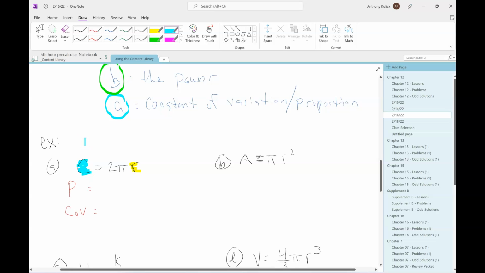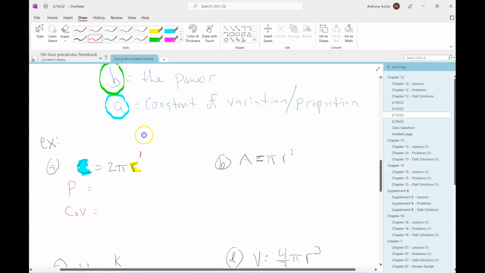Everybody agree with that? Okay. So the power is the exponent on the independent variable. For a power function, the power is the exponent on the independent variable. What's the independent variable here? You just said it. R. What is the exponent on R? 1, right?